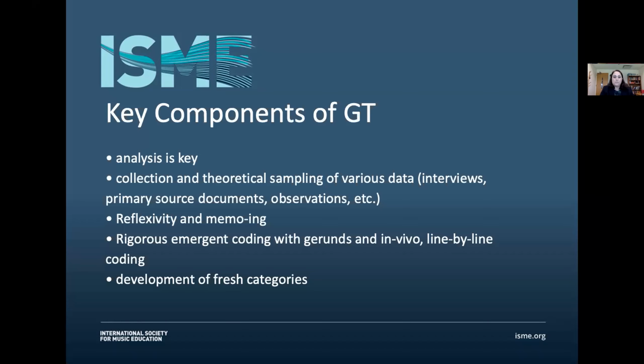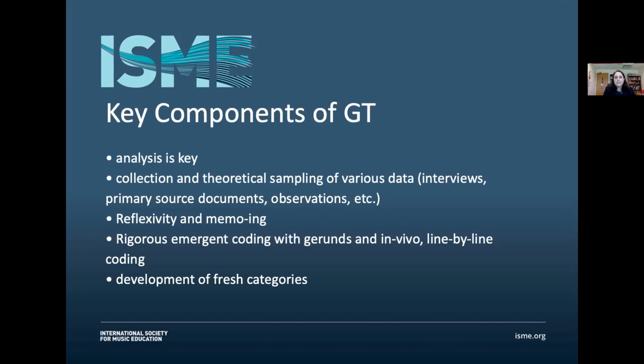Charmaz likes to present this as memoing. She likes to term it as memoing. For those of us well-versed in ethnomusicology, and that's what I was initially trained in, this is just field notes. It's like a diary.